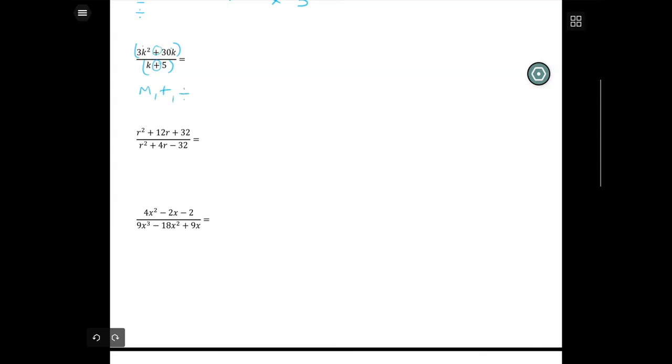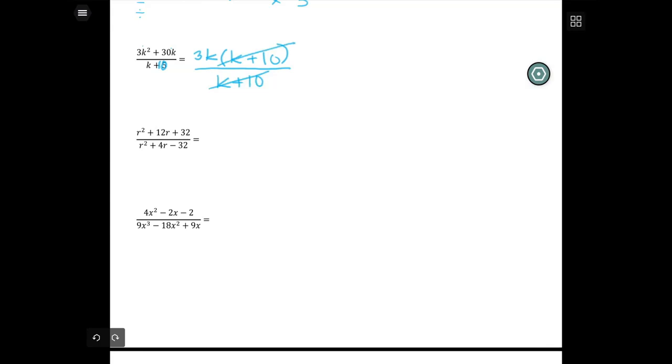So again, we need to factor to rewrite the top and bottom as products. So the top, we can factor out a 3k, and that leaves us with a k plus, oh, what did I do? I wrote a bad problem. Okay, we're going to pretend this was a 10 from the beginning. Sorry. And then on the bottom, and we can cancel.